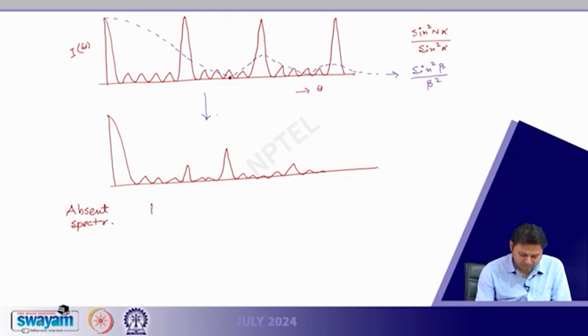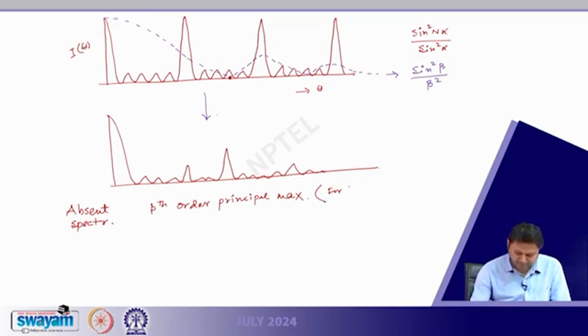Suppose pth order principal maxima for interference, that is for this term, that one can find when we have alpha equal to p pi, and then we get a sin theta is equal to p lambda.